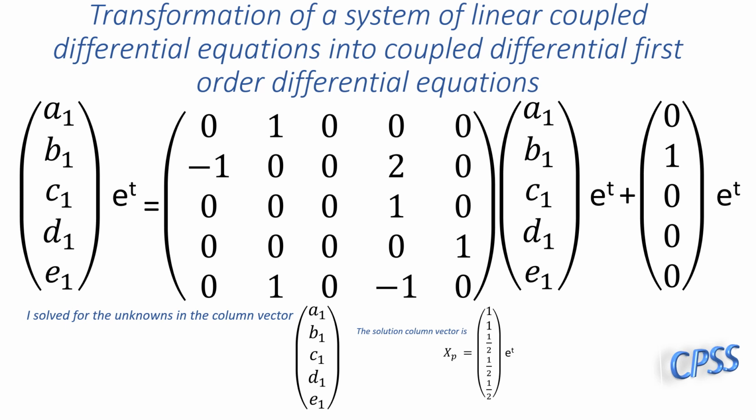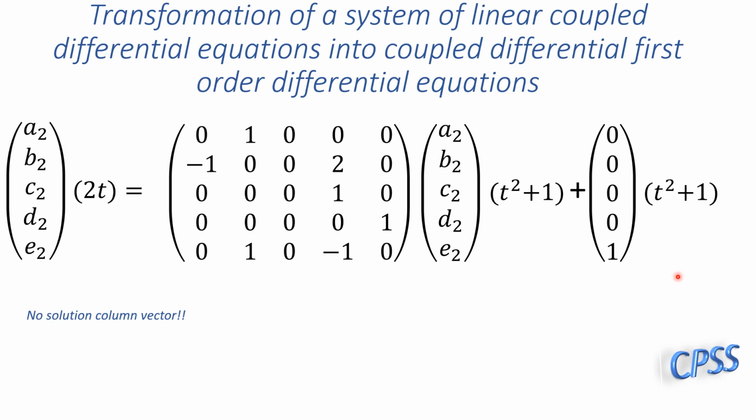As far as finding unknown parameters, I couldn't find anything. You see that here: I couldn't find a column vector to satisfy that condition. But I did find a particular solution.